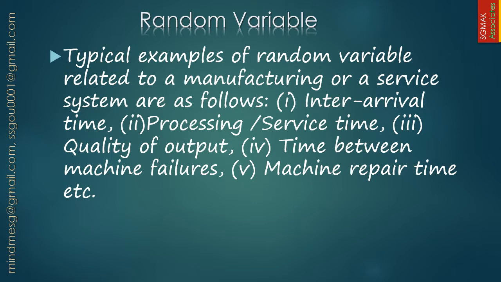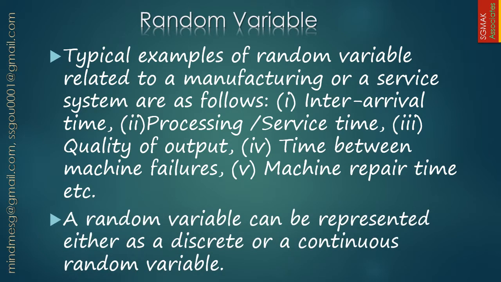These are some examples. How often part comes to a system, how long it takes to complete a cycle, as you make parts or prepare documents, what's the quality, machine fails from time to time. If you capture the time between failure, that's all. These are examples of random variable.